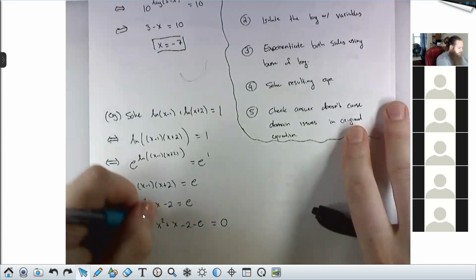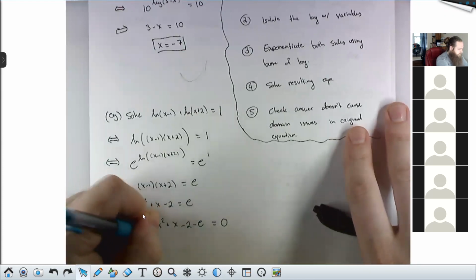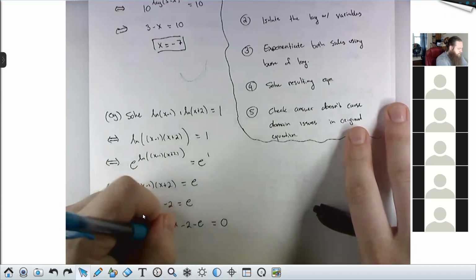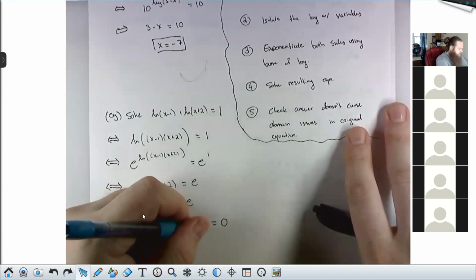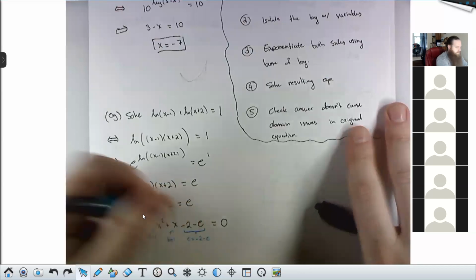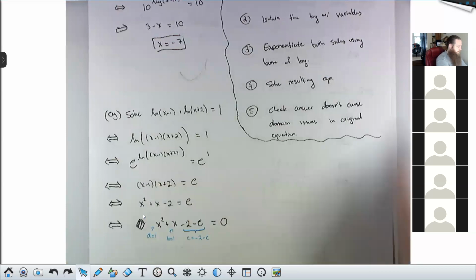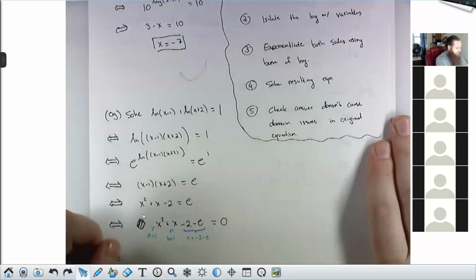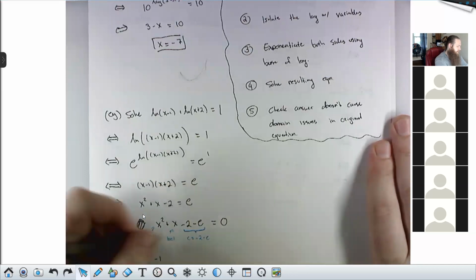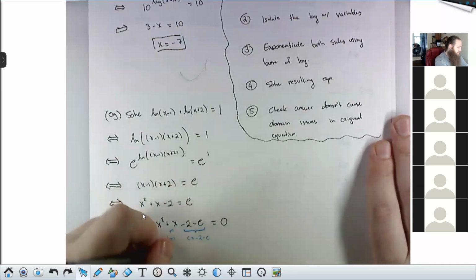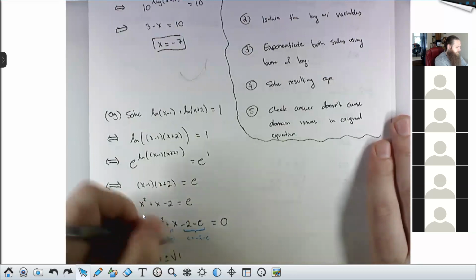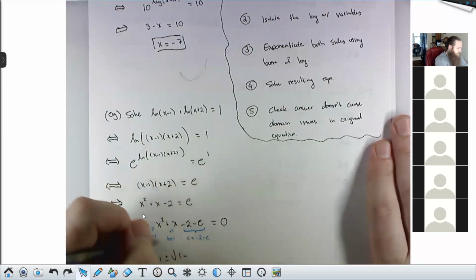So your a here is 1, your b here is 1, and your c here is negative 2 minus e. So the only way you're going to do this is with the quadratic formula. This means x is equal to negative b, negative 1, plus or minus the square root of b squared, which is 1, minus 4 times a times c.